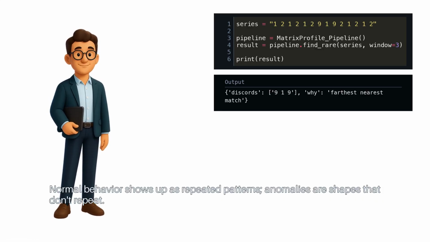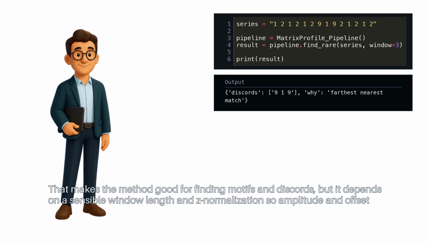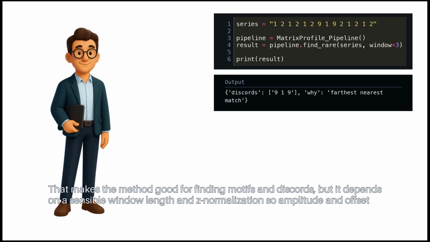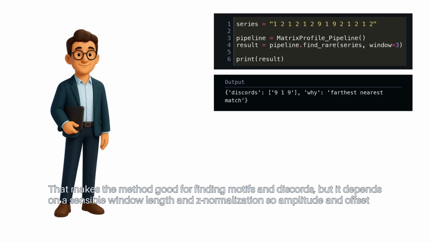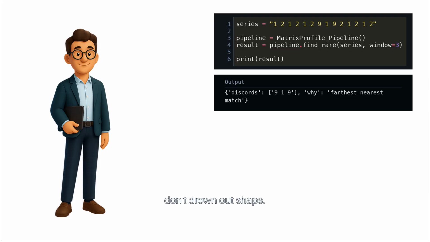Normal behavior shows up as repeated patterns. Anomalies are shapes that don't repeat. That makes the method good for finding motifs and discords, but it depends on a sensible window length and Z-normalization, so amplitude and offset don't drown out shape.